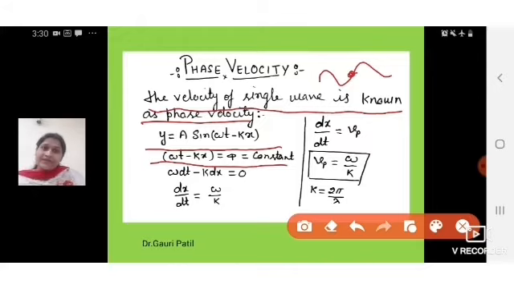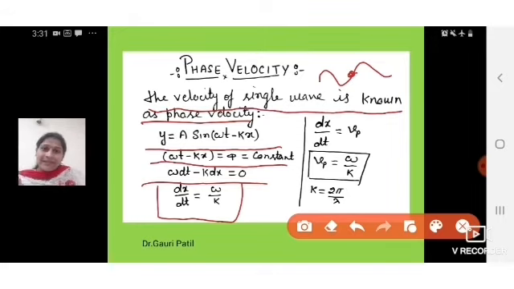We get ω dt − k dx = 0, since the derivative of a constant is 0. So from this equation we get dx/dt = ω/k.